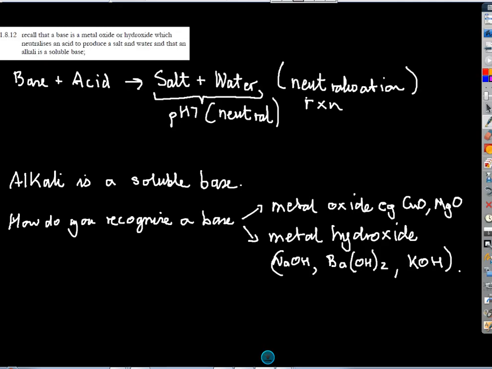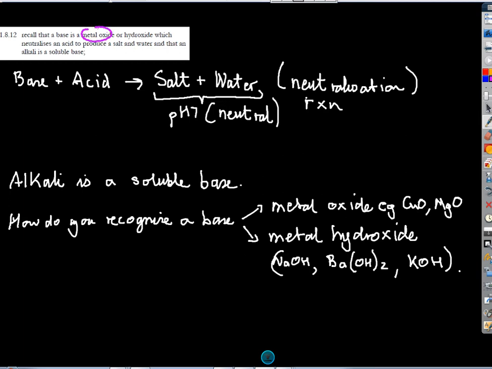Okay, the next thing we need to be able to do is 1.8.12, which is recall that a base is a metal oxide or a metal hydroxide which neutralizes an acid to produce a salt and water. Well, you should know this from Key Stage 3, but when you're writing reactions, very often students will say to me, sir, well, I don't know what a base actually is. Well, you will recognize it very simply as exactly what the examiner has said here.